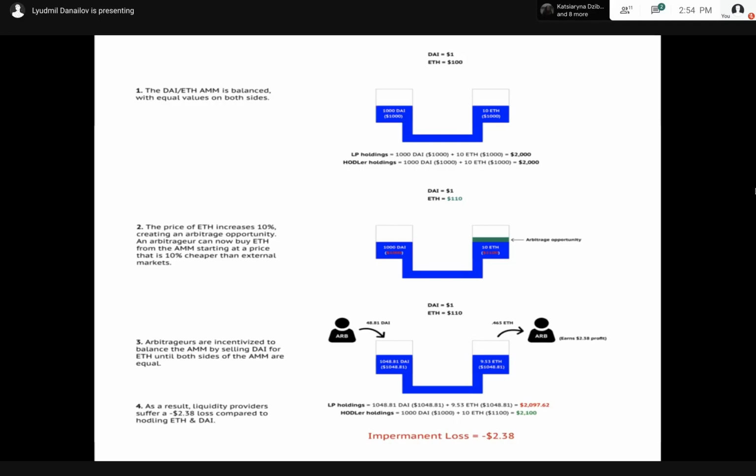An example which I saw for Uniswap was Ethereum AMMs. Or another solution to the problem is using other exchanges, but that's not the topic of this talk.